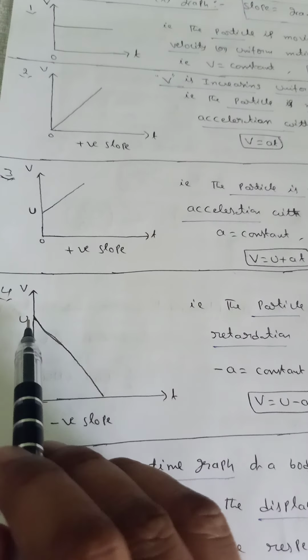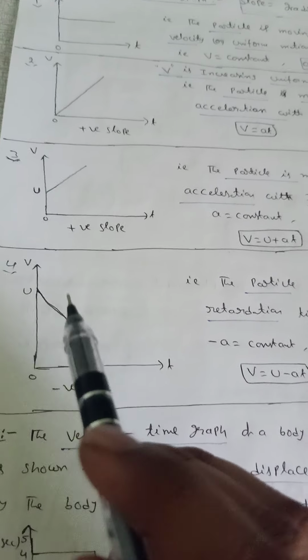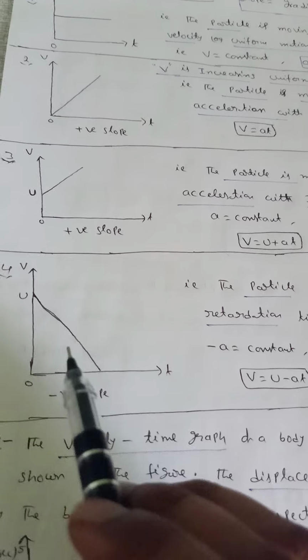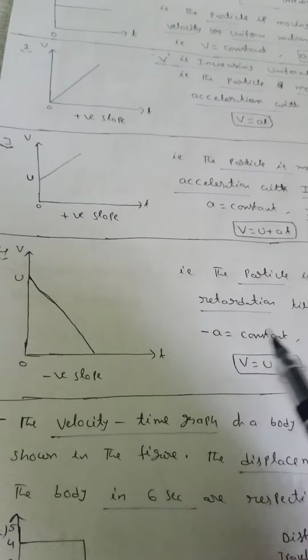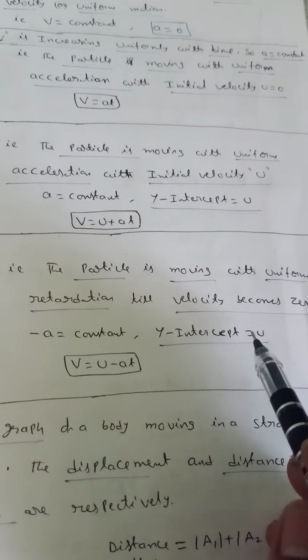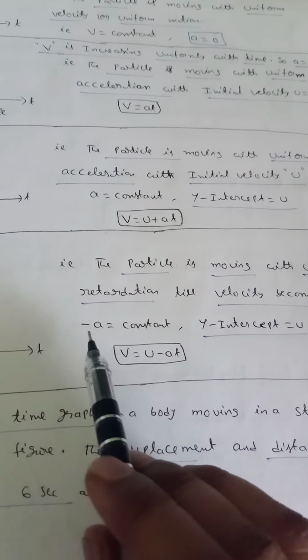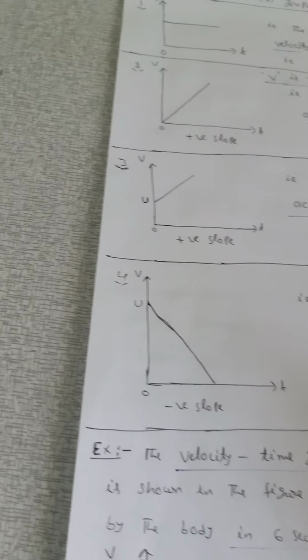This graph represents y is equal to minus mx plus c. The slope is negative. That means v is equal to u minus at, where u is the positive y-intercept. Negative acceleration is the retardation, and this is the slope.